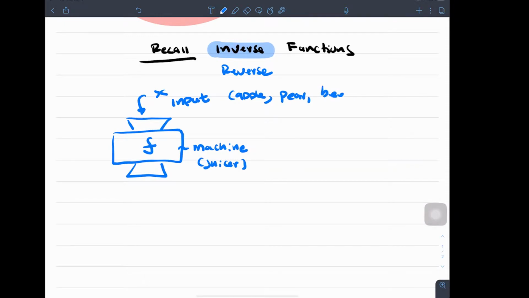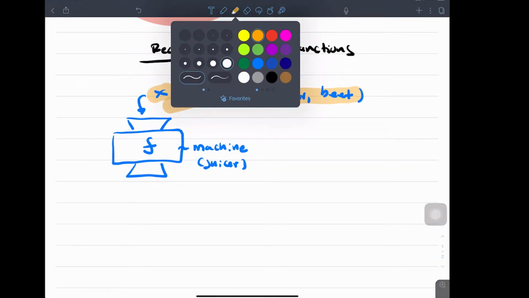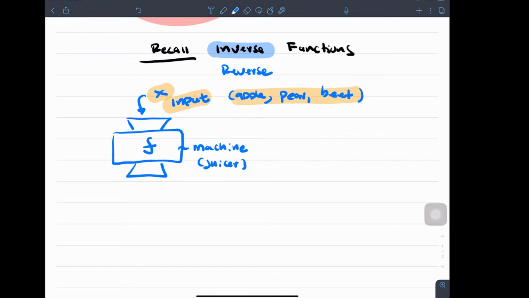Beet. You ever have some beet juice? You guys get the picture? Right? I've had some beet juice in my life. So in a juicer, you drop in as an input value. Okay, I'll color that input. These are all inputs. You drop it in your machine, the function, okay?